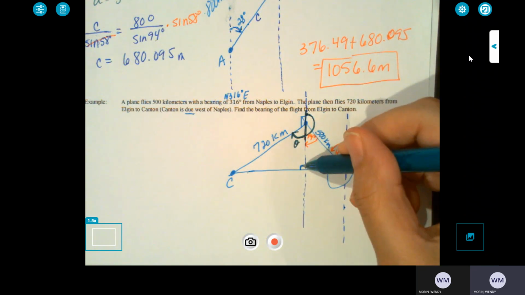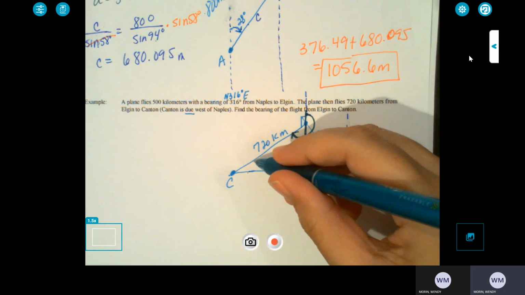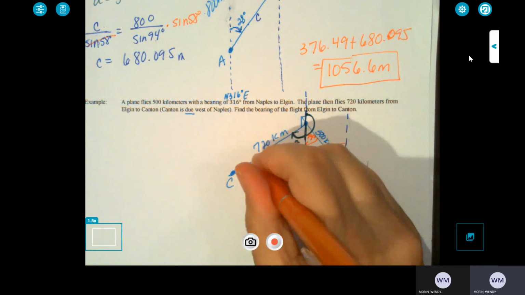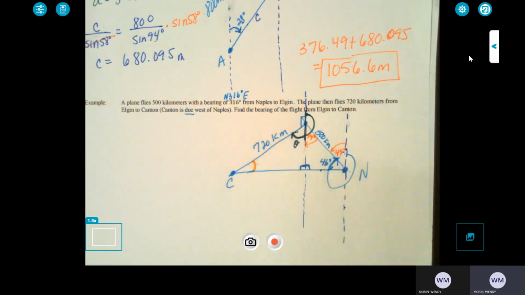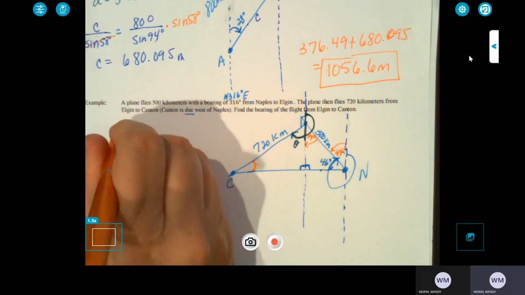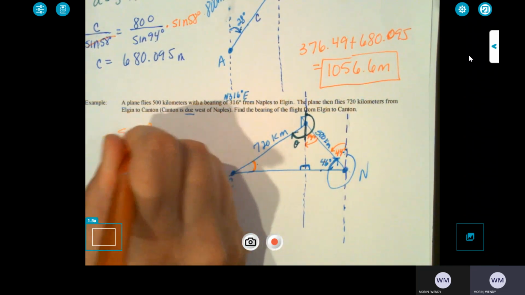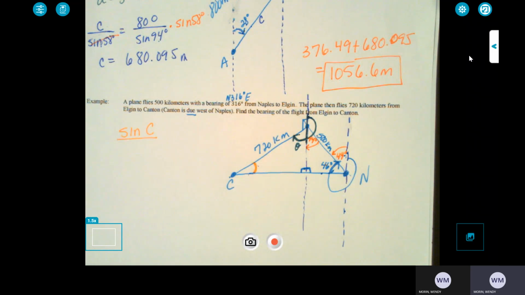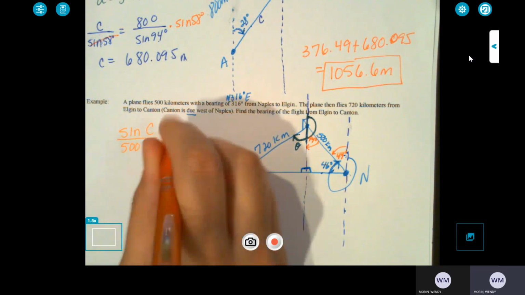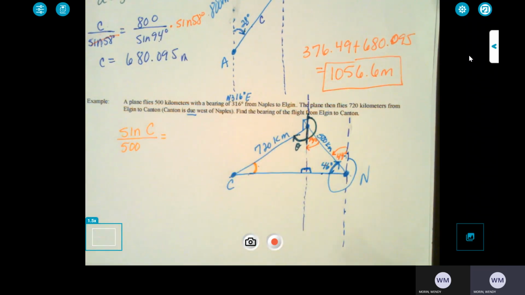Well, I know this is 90. It'd be really nice if I could find this guy right here, angle C. So let's go ahead and go with our law of sines. My unknown is angle C, so that's what I'm going to start with. Do I know side C? Well, I do, 500 kilometers. Do I know another angle inside the triangle?